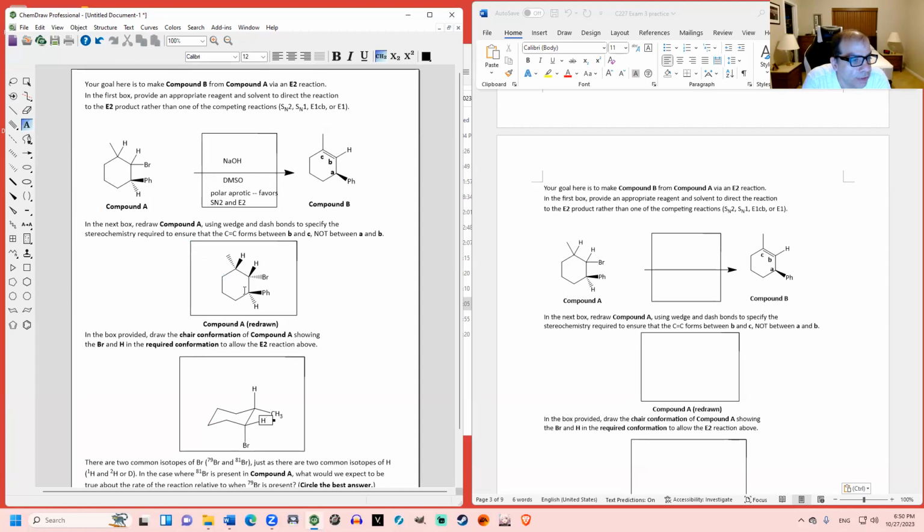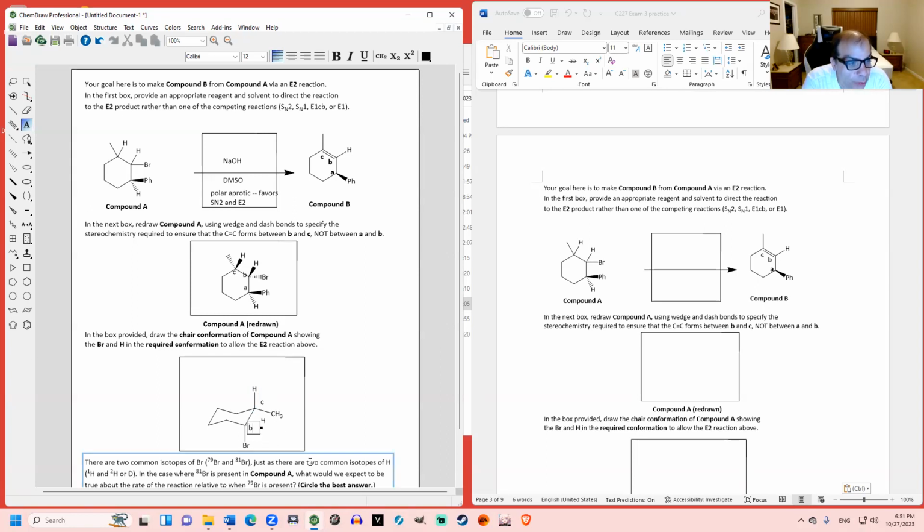Using the same numbering system, A, B, and C, carbon B over here. This is carbon C over here. It has the hydrogen up and the methyl group down.